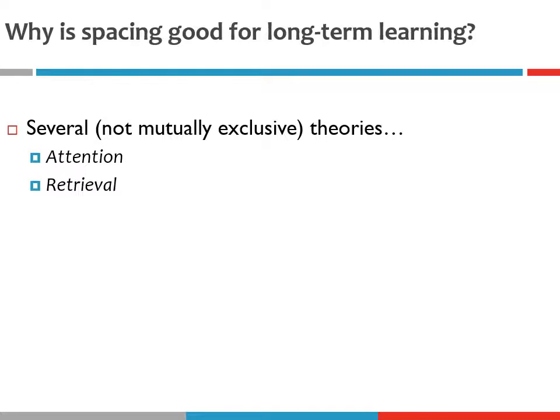Well, if you mass all of your study sessions together or cram them, right, that information is going to be very, very accessible, right, because you have just looked at it for an extended period of time, right? As we saw in the previous example, people that studied the passage for 20 minutes straight, right, they're able to retain about 80% of that passage, at least in the short term, right?